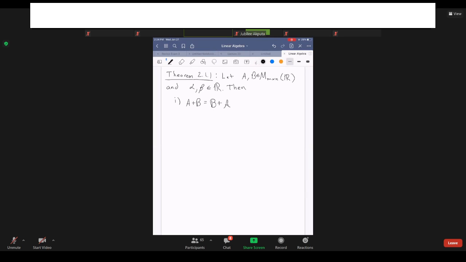We also have associativity: A plus B, plus C is equal to A plus B plus C. And then we also have that any matrix plus the zero matrix is the same, right?